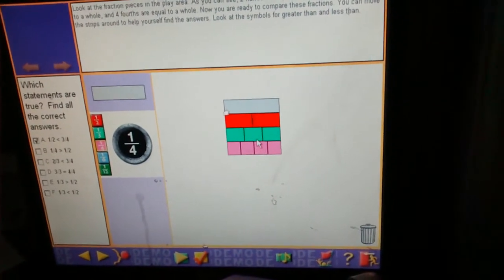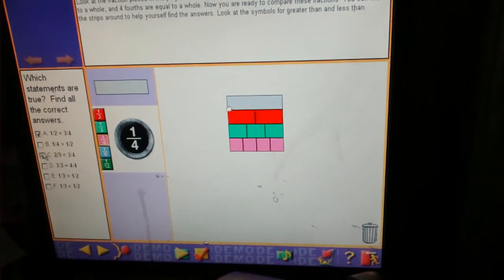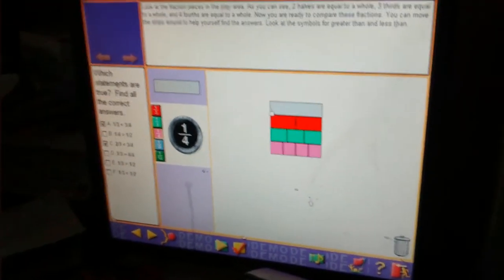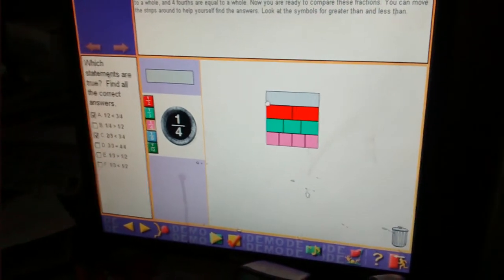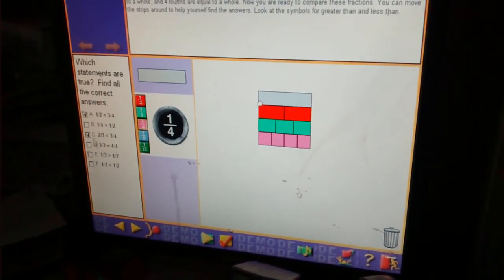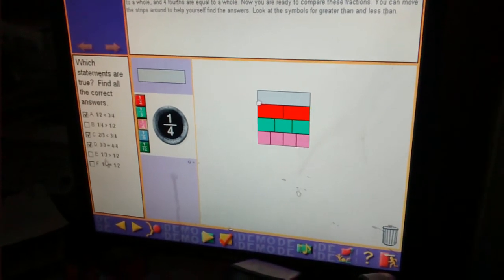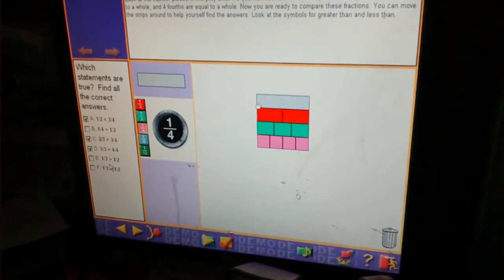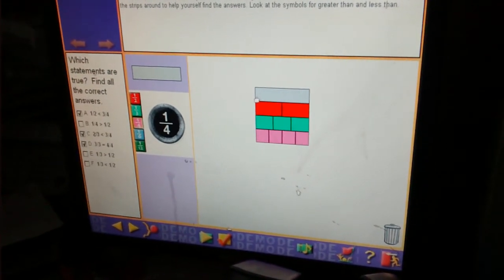Let's see that. Two thirds smaller than three fourths. Come here. Stretch my leg up. Three thirds, four fourths equal. One third bigger than one half, no. One half bigger than one? Yes.